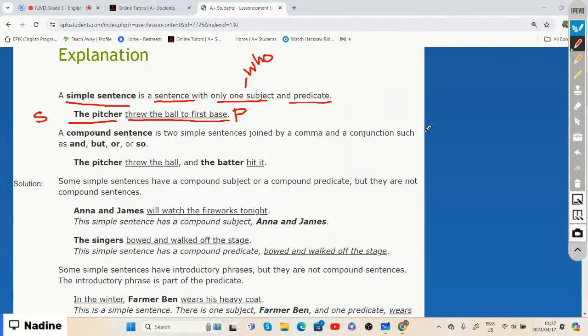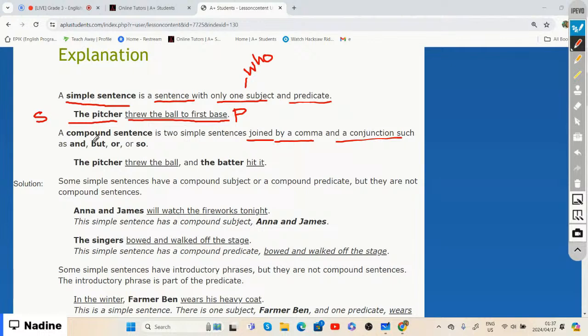And then we have a compound sentence. If a simple sentence has only one subject and a predicate, and it completes a sentence, then a compound sentence has two simple sentences that are joined together by a comma as well as a conjunction.